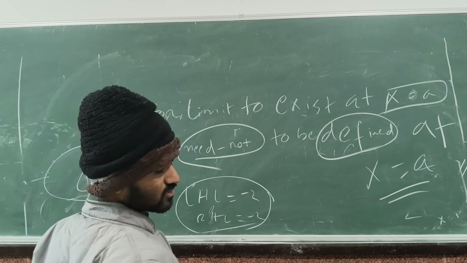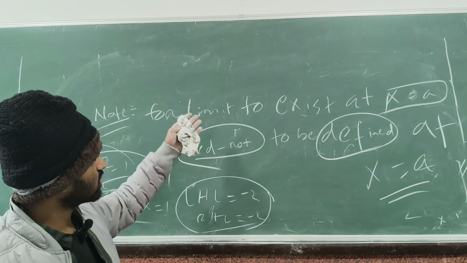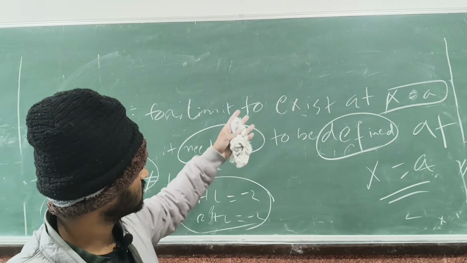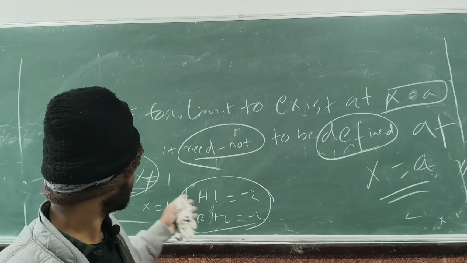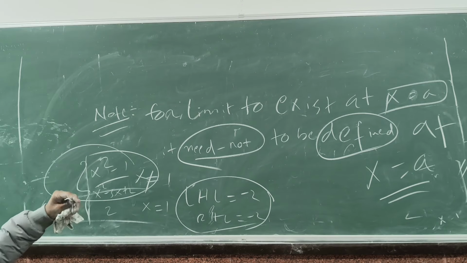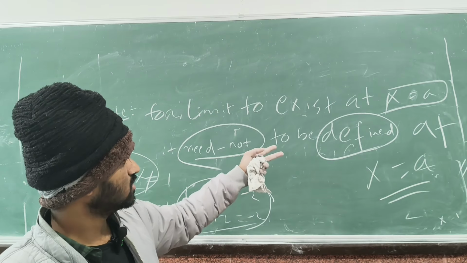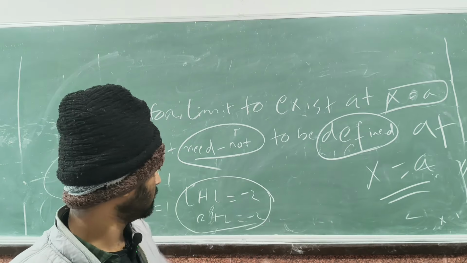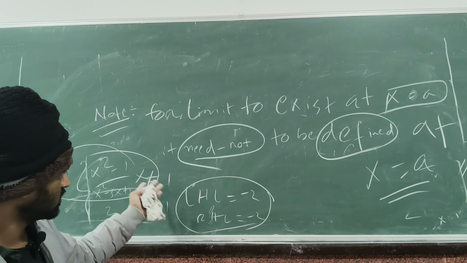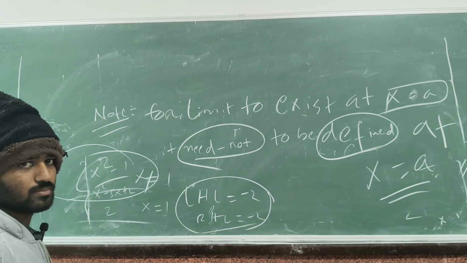So from this we can say for the limit to exist at x equals a, the function need not be defined at x equals a, but still the limit exists.